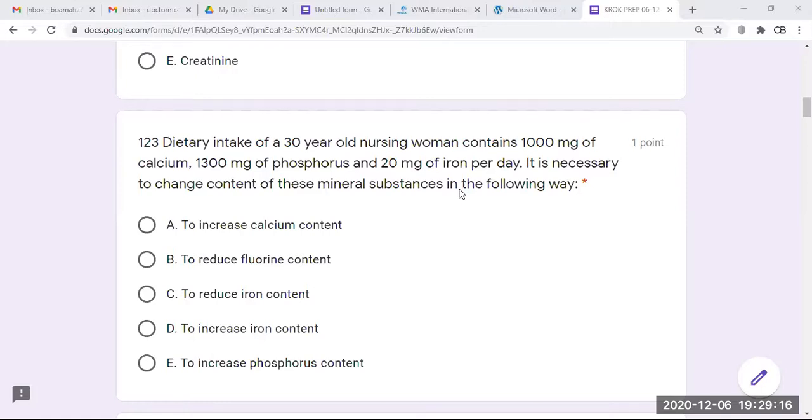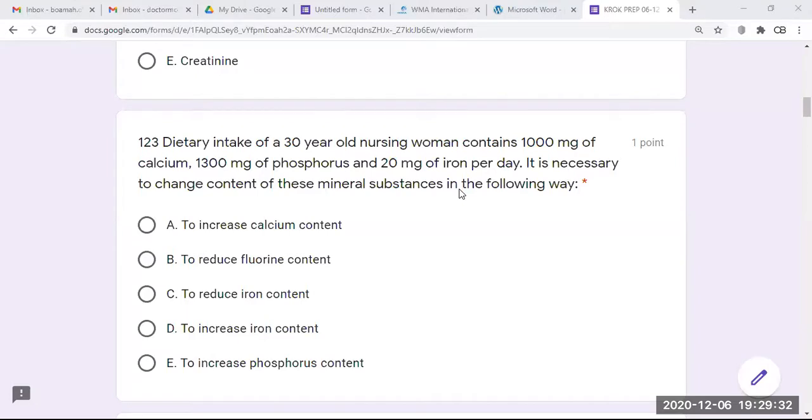Why? Because the baby will also need some for what? For bone mineralization. When she is breastfeeding the child, some of those phosphorus should pass through the breast milk to the baby, okay? So you need to increase the content of the phosphorus.